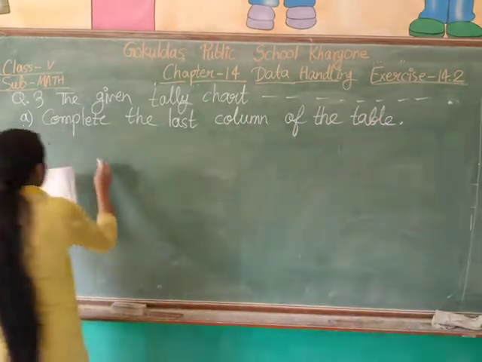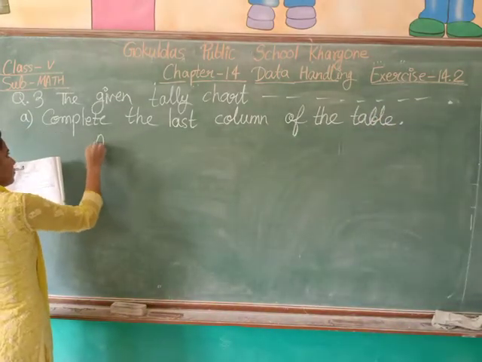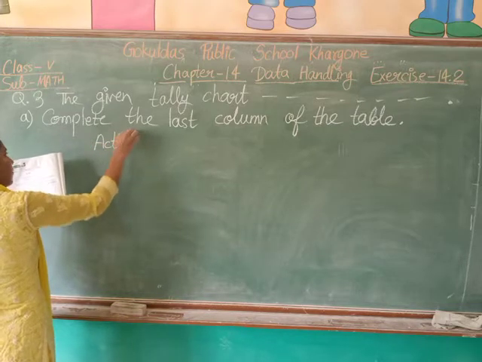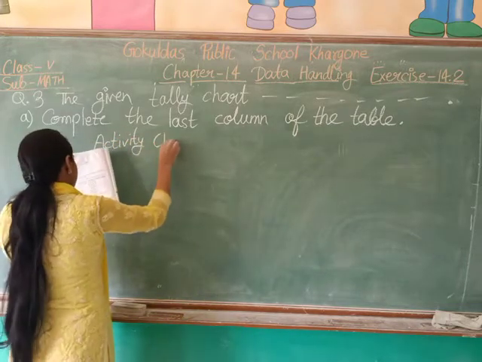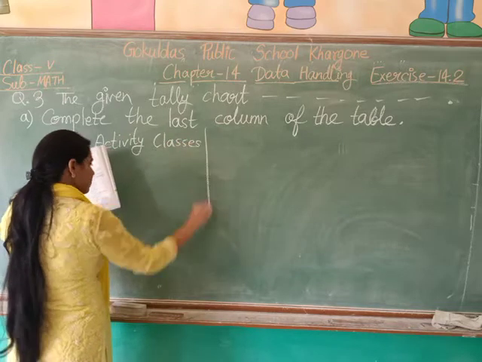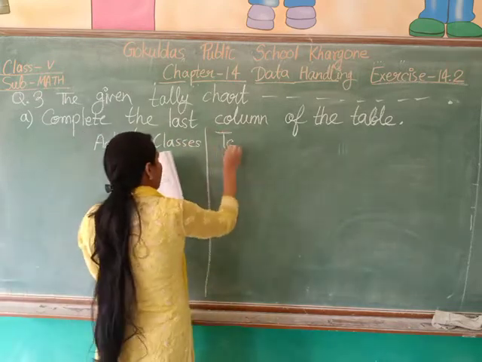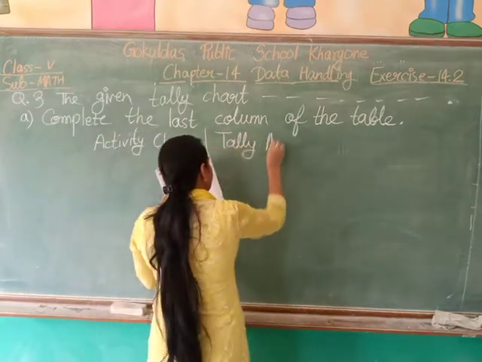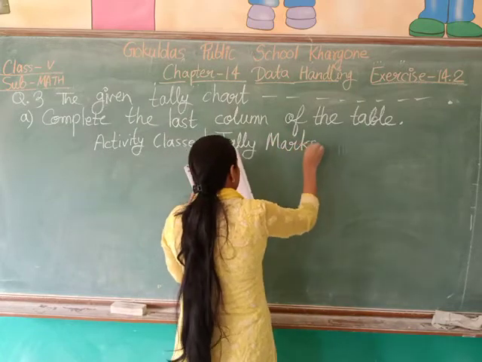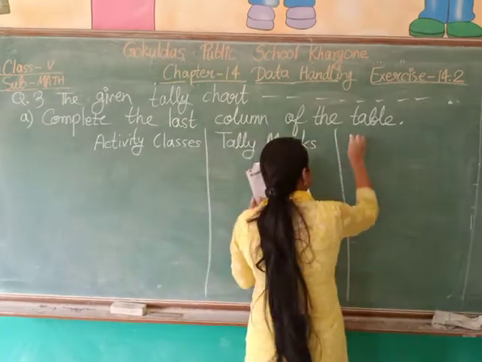So let me draw the table first. Activity classes, then tally marks, and the last column is number of students.